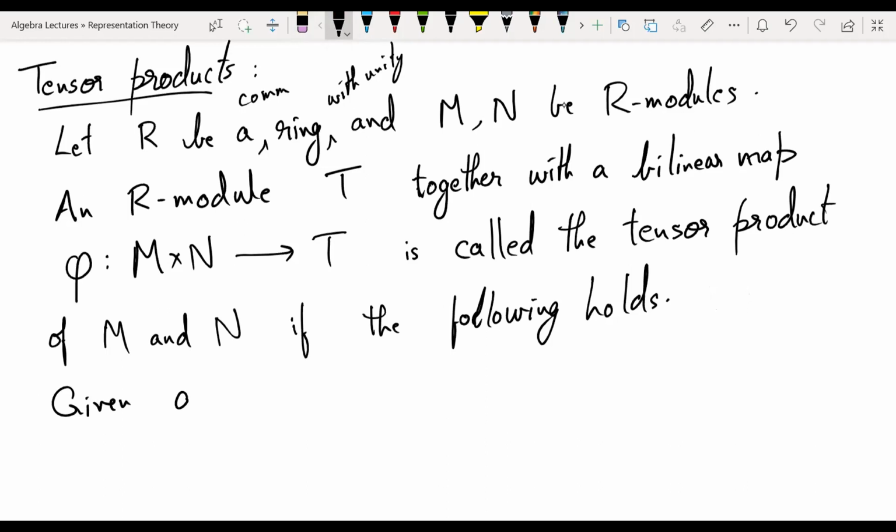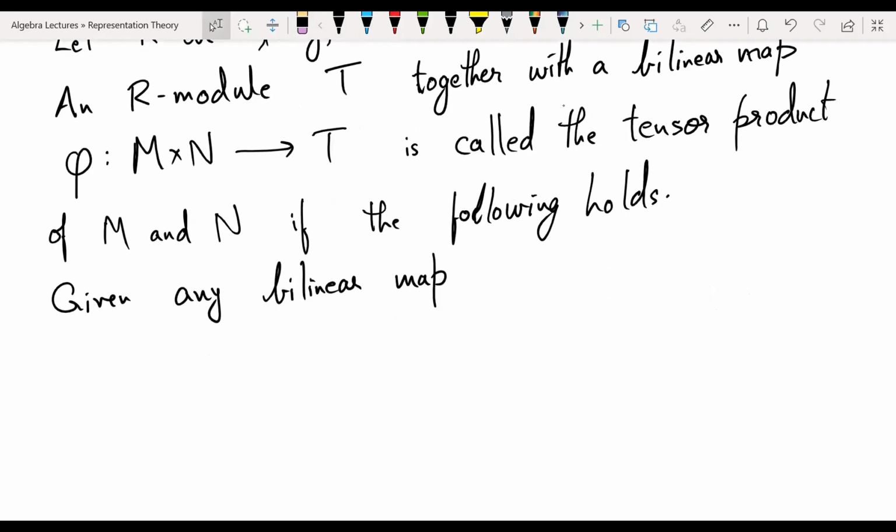Given any bilinear map C from M cross N to some other module, maybe A. Bilinear meaning R-bilinear, sorry.